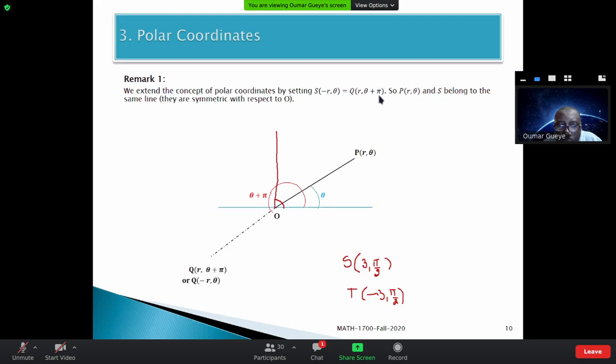If r is positive, you stay in this same quadrant. You take 3 units from O. So we have here 1 unit, 2 units, and 3 units. So this is when theta equals pi over 2 in radians, or 90 degrees. And the point here is my S.